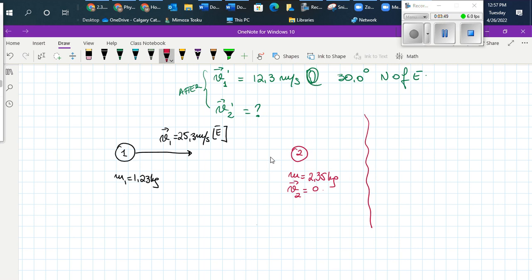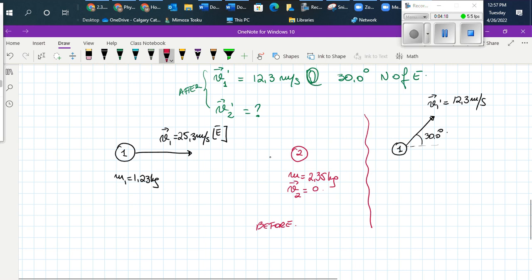This is the before situation. And then for after, object 1 is moving with a velocity of 12.3 meters per second at 30 degrees north of east. And we don't know where object 2 is going right after the collision.